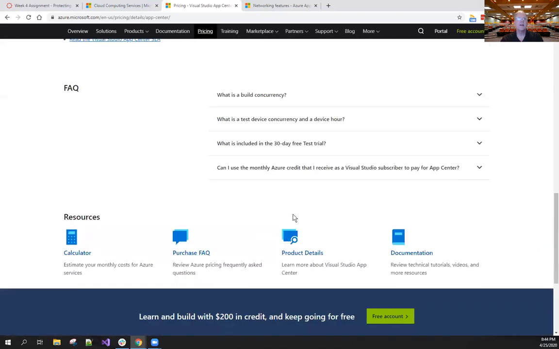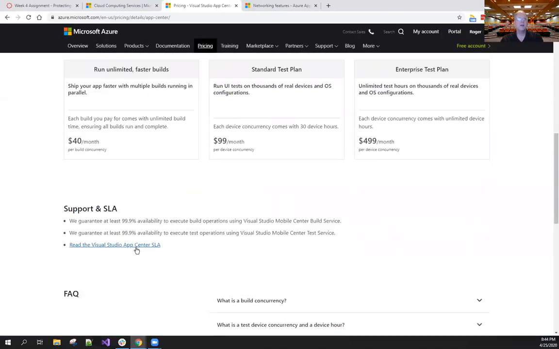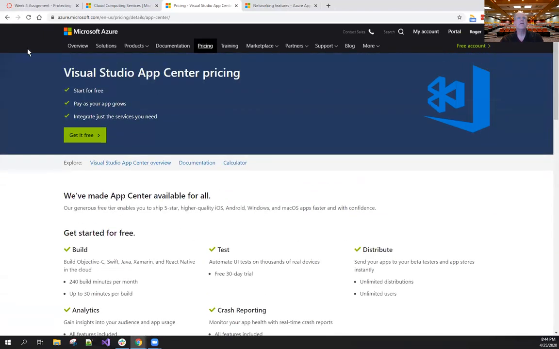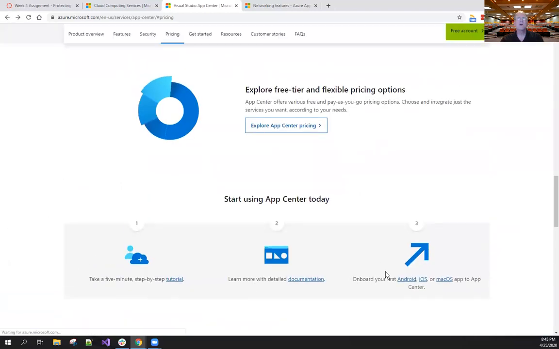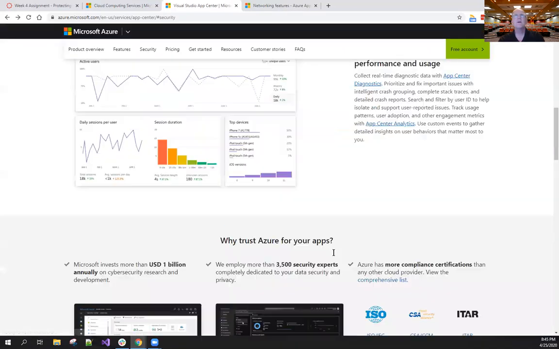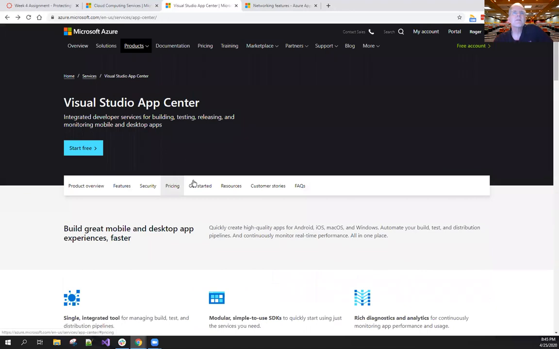See, look at that. Isn't that nice? 99.9% availability. I like that. Okay, so onboard your first macOS. Wow. App Center. Nice.